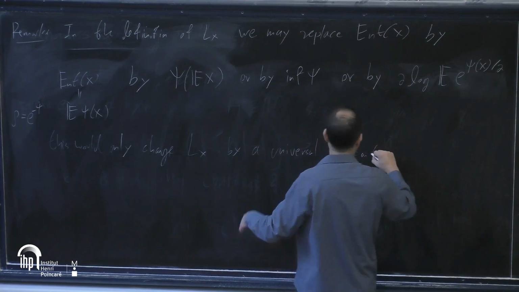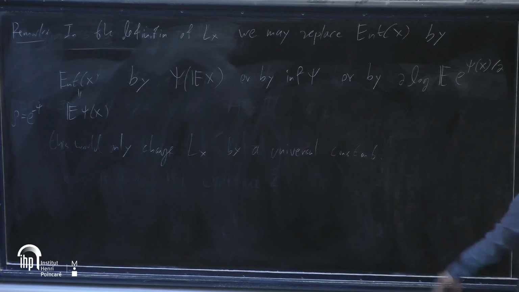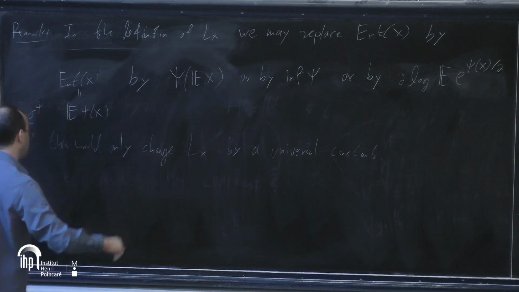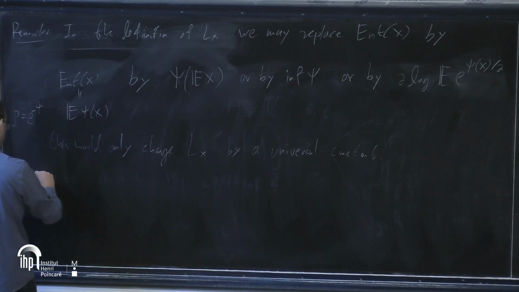But you can see in the literature that these are even more popular than just the entropy. Let me explain why these things are close enough. There is a nice lemma about log-concave games.